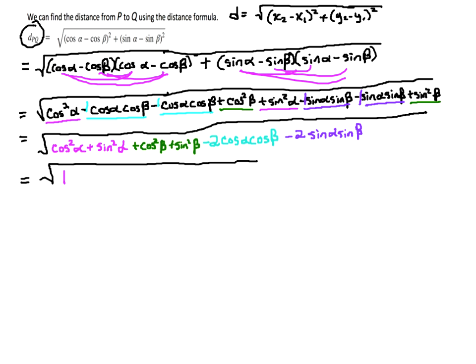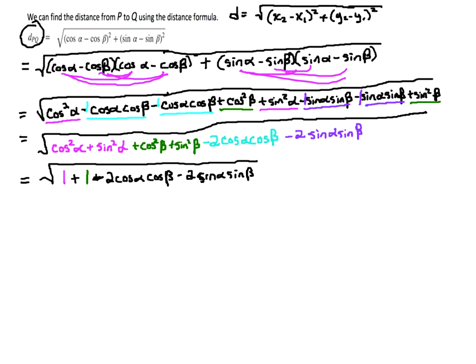And then I have plus cosine squared beta plus sine squared beta is just 1. And then I have minus 2 cosine alpha cosine beta minus 2 sine alpha sine beta.